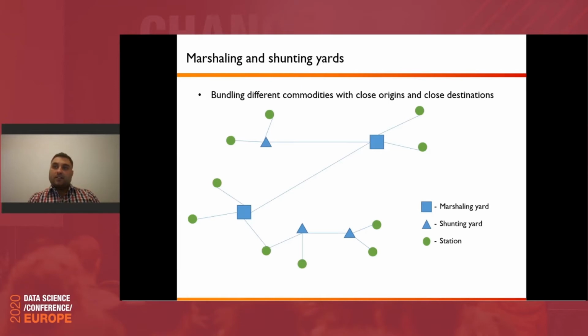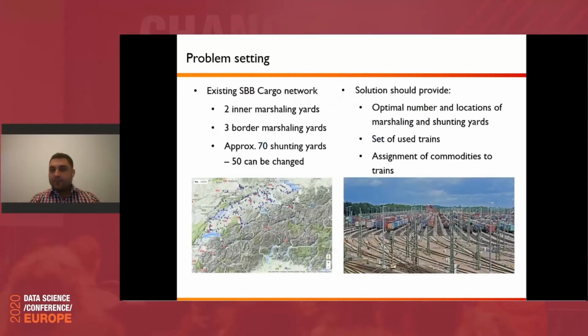There the commodities are disassembled from the train composition and sent via smaller but direct trains to their final destinations. The main difference between the marshalling and shunting yards is in their size. The marshalling yards are larger and have a bigger capacity, but they also cost more. Operating and maintaining marshalling yards costs more compared to the shunting yards.